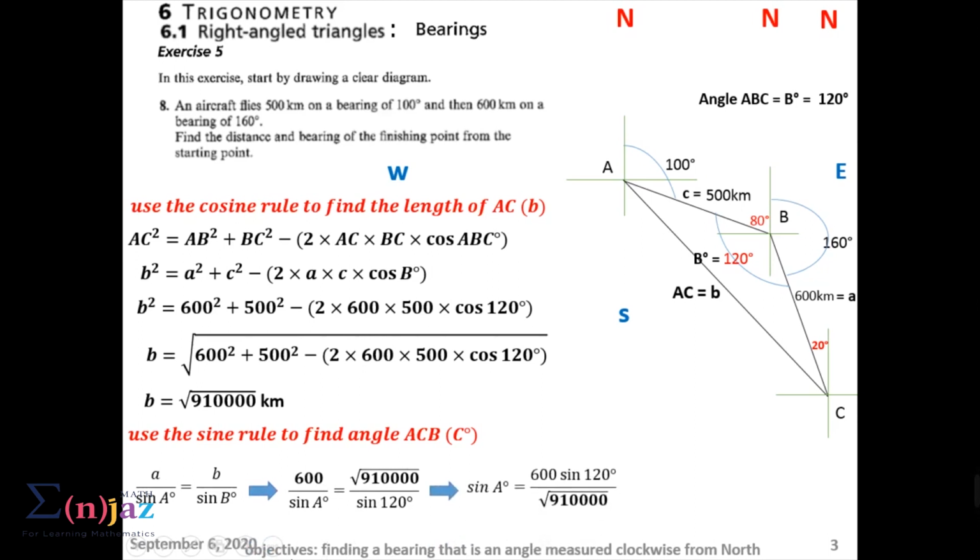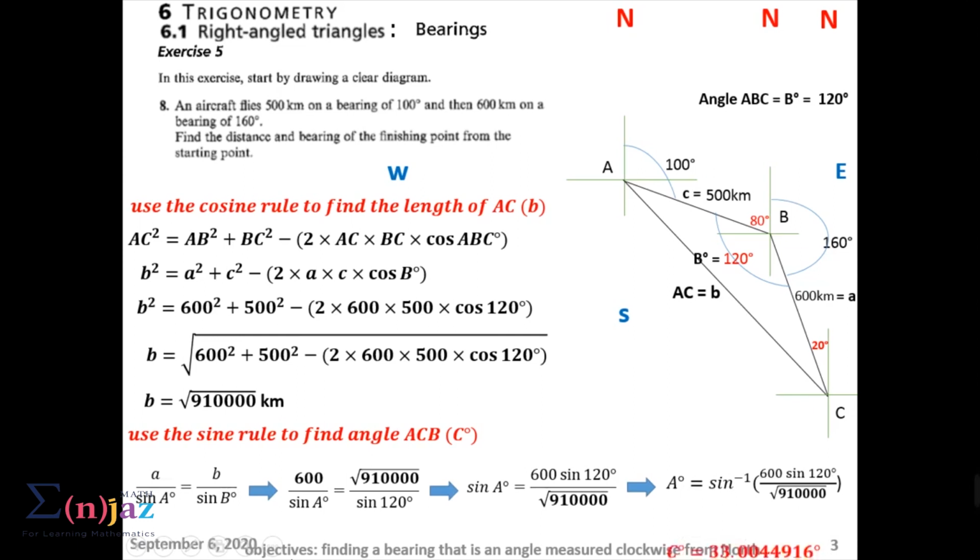Once we cross multiply, sine A is going to be 600 times sine 120, all divided by the square root of 910,000. Because we're finding A, we need to apply the opposite operation. So we're going to say sine inverse of 600 times sine 120 over the square root of 910,000.